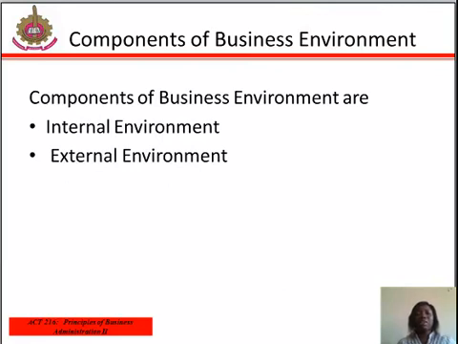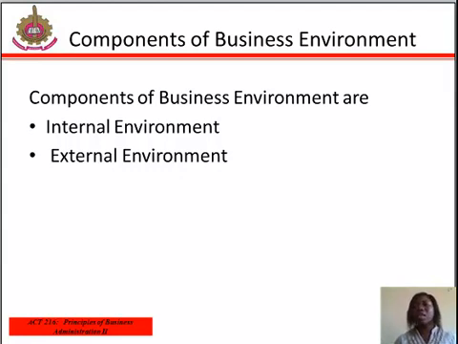Now let's talk about the components of the business environment. The components of the business environment are the internal environment and the external environment. The internal environment includes all those factors which influence business and which are present within the business itself. Most of these factors are usually under the control of the business.